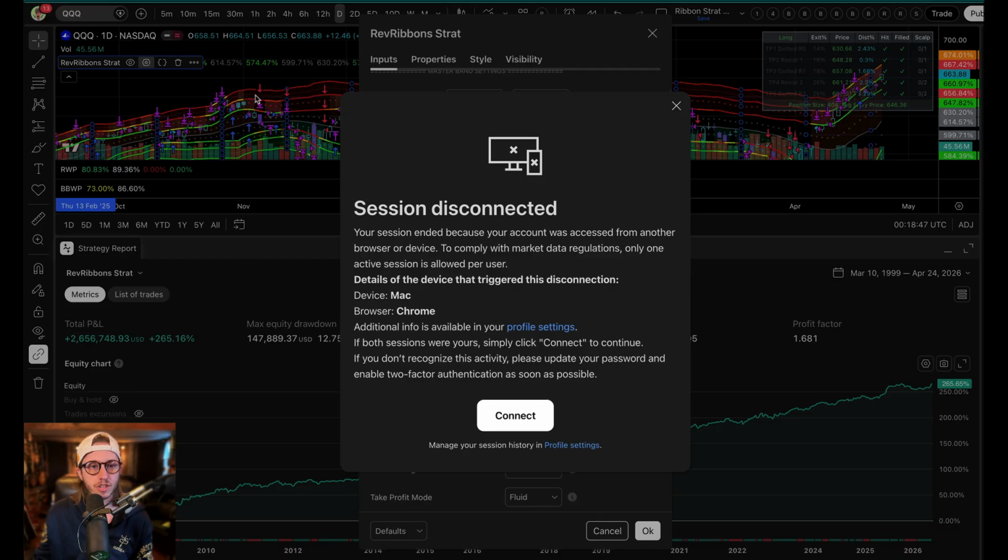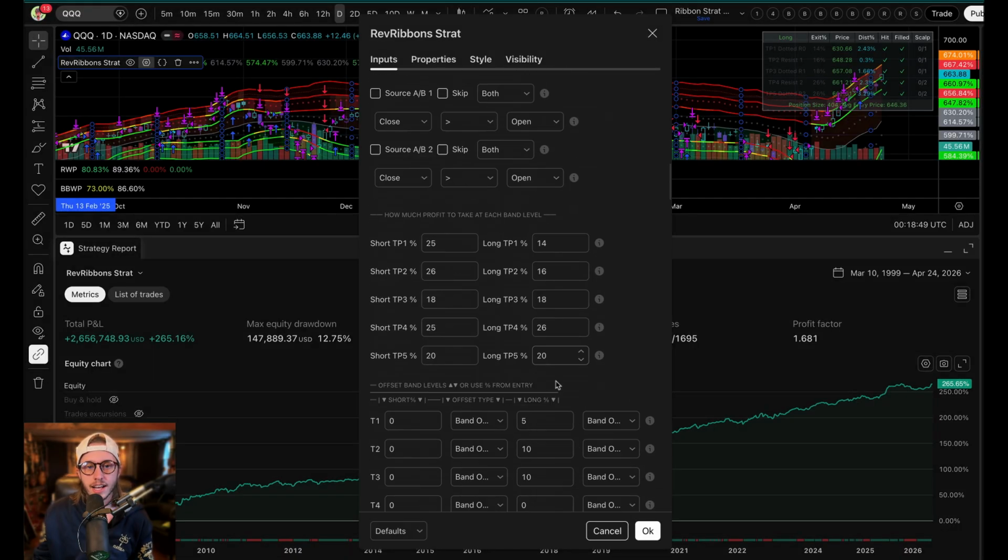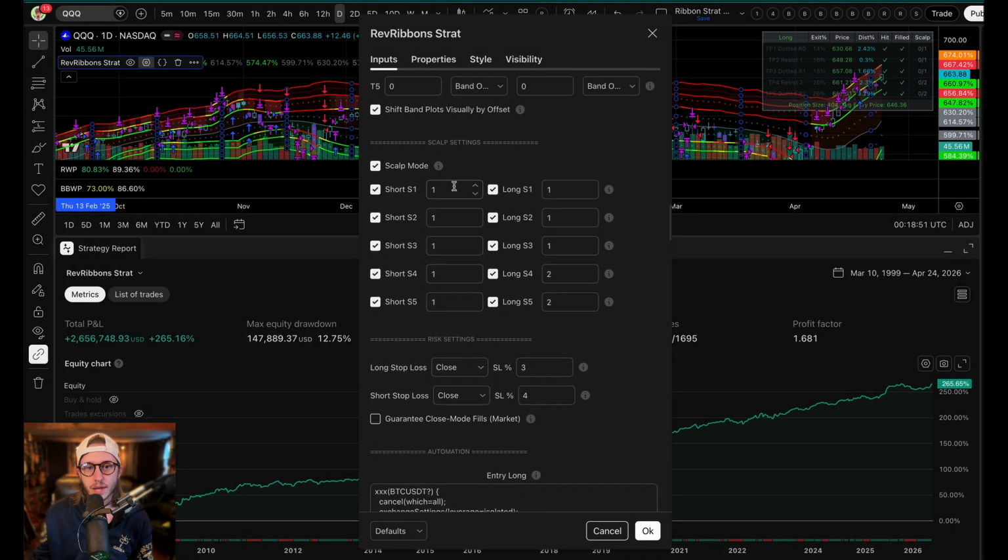So for the QQQ strategy here, I found it was way better to have most of these just enter one scalp, except for long 4 and 5, because a lot of price action was playing up in between S4. Why is it called S4? It should be, I guess, scalp 4 and scalp 5, but basically target 4 and target 5.